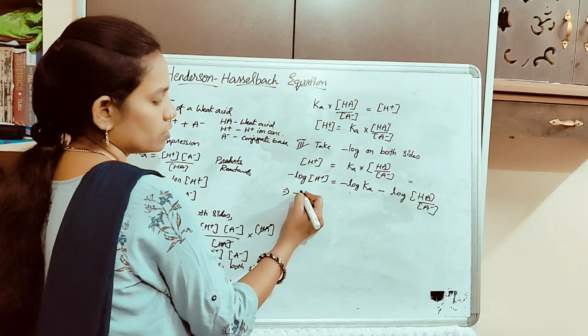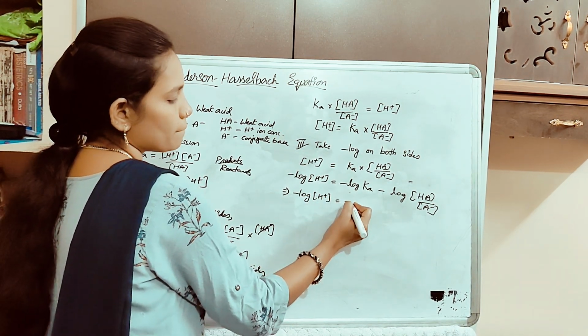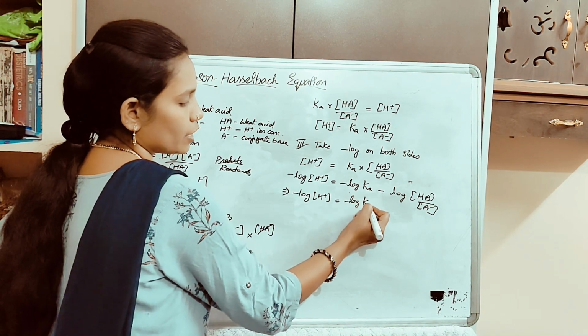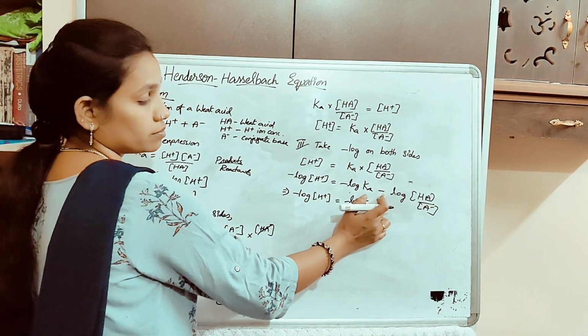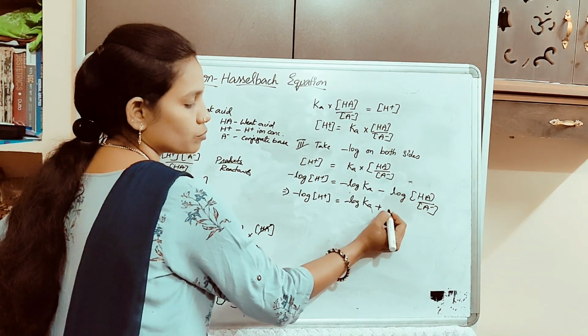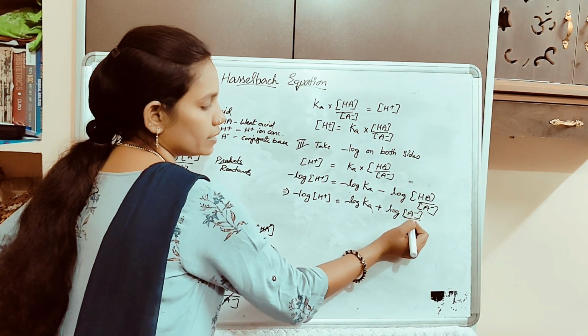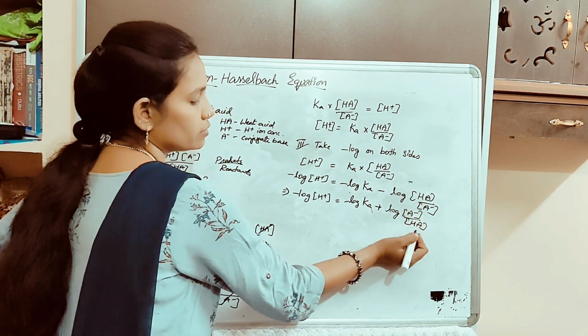So in the next step you will get minus log H plus is equal to minus log Ka. In order to keep this minus as plus, we are taking the reciprocal, minus log A minus by HA, right?